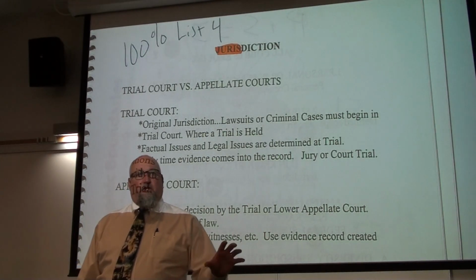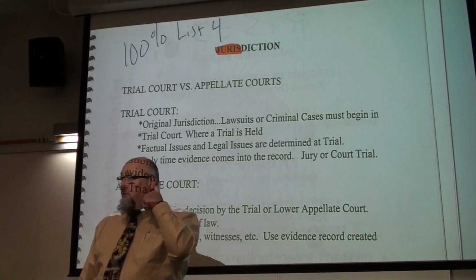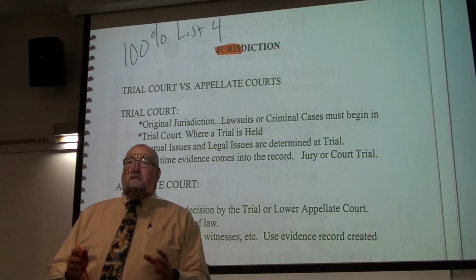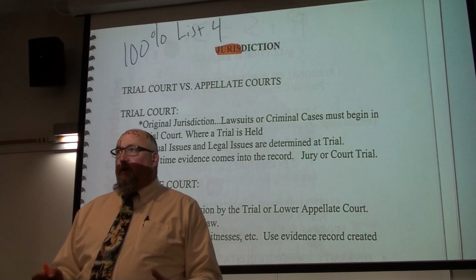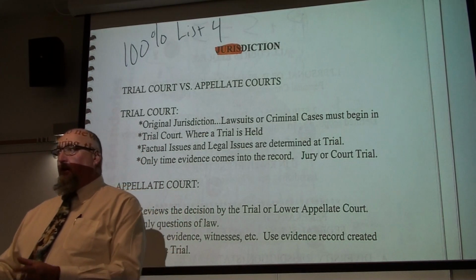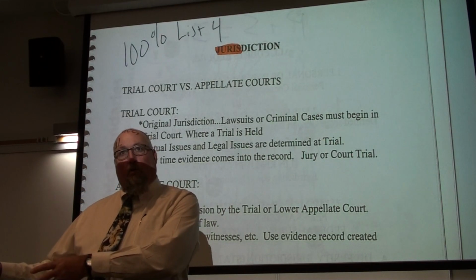The word jurisdiction applies to all 3 branches of government: the legislative, the executive, and the judicial. And jurisdiction, basically to speak the law, refers to the authority of a part of government to either make law, legislate, enforce the law, police, or, in the case of the judicial branch, a court.